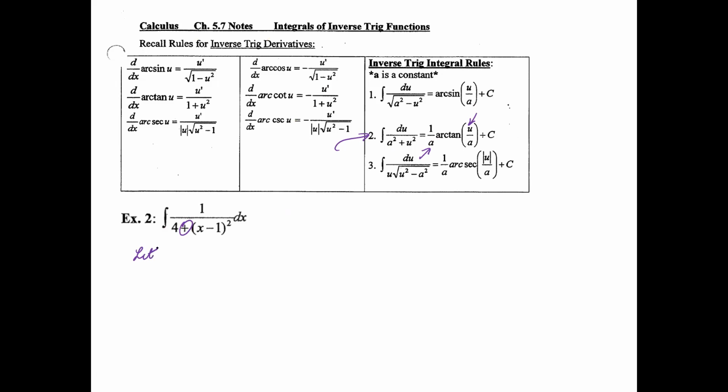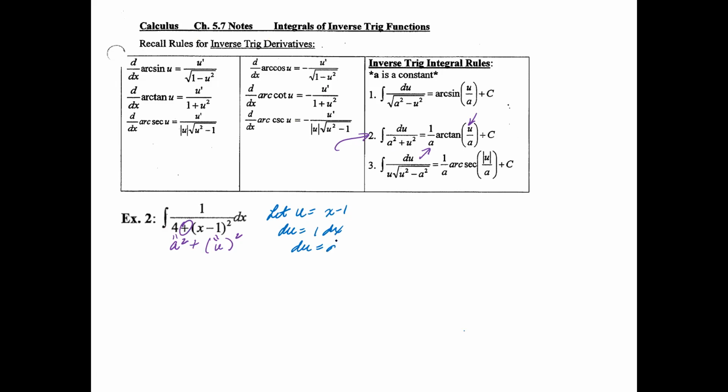If you look at this right here, let's match them as closely as possible. Here you have a squared, which is 4, plus u squared, which is going to be x minus 1. So as such, we can say, let u be x minus 1, which means your du is just 1 dx.